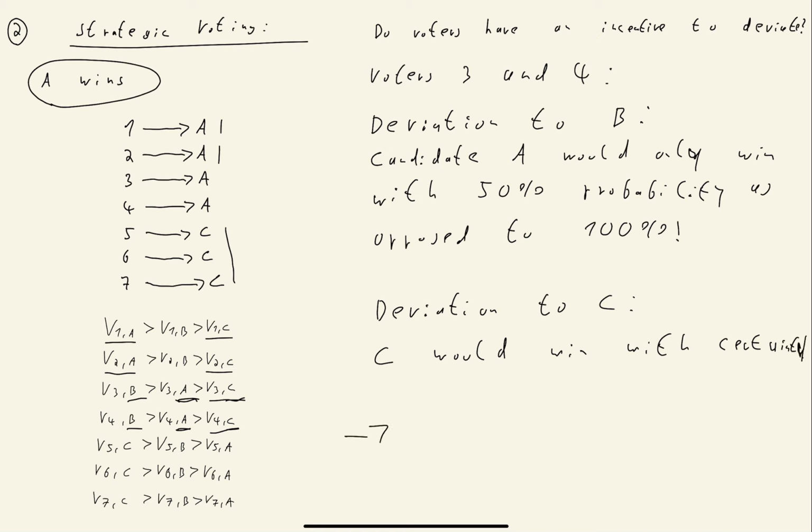The consequence is that voters 3 and 4 do not have an incentive to deviate.